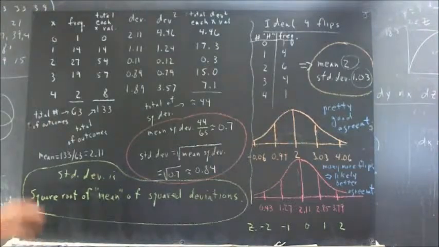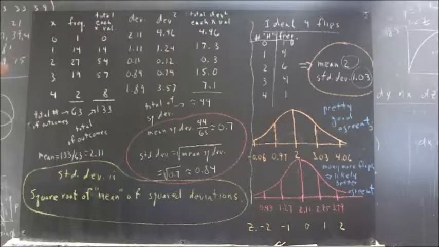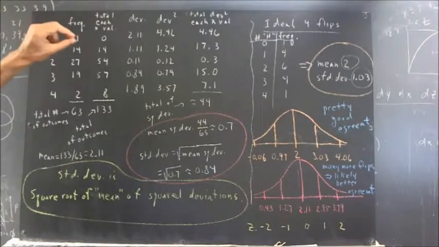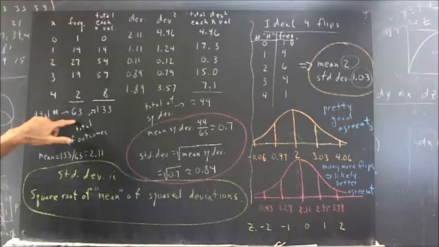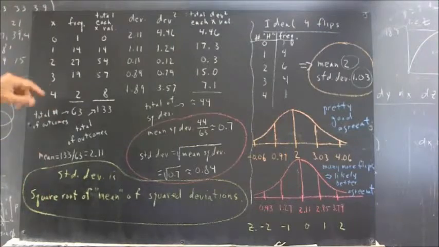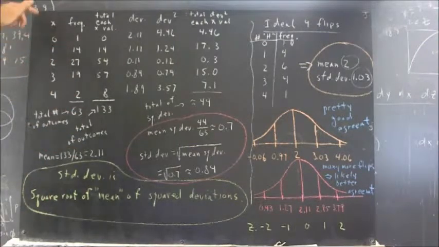Now, the problem gave you the results of a simulation where we used a random number generator to determine whether a given flip would be a head or a tail, and we did that in groups of 4 flips, and we did 64 trials. Okay, these numbers only add up to 63. I miscounted something.